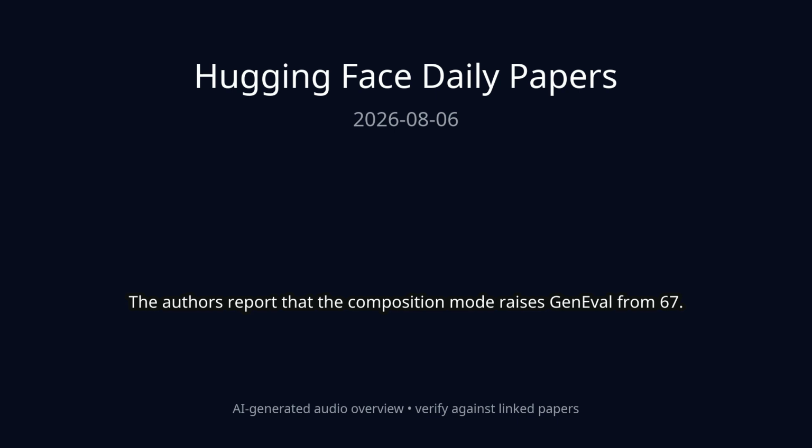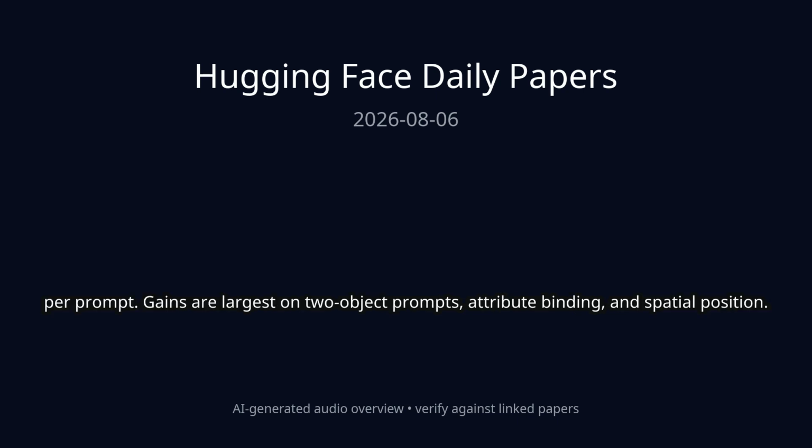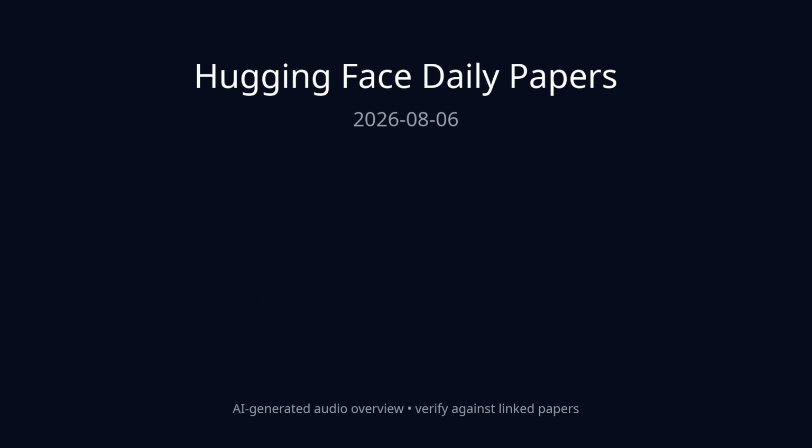The authors report that the composition mode raises Gen eval from 67.30 to 73.30 across 553 prompts, using 4 images per prompt. Gains are largest on 2 object prompts, attribute binding and spatial position. DPG bench also improves, from 84.51 to 85.80.